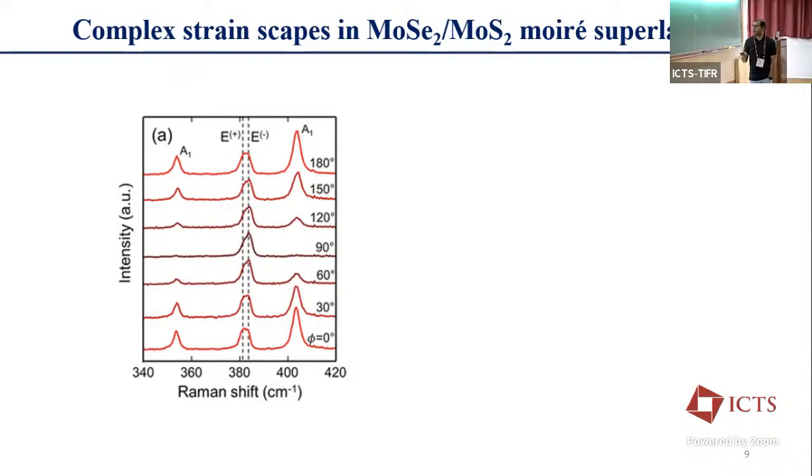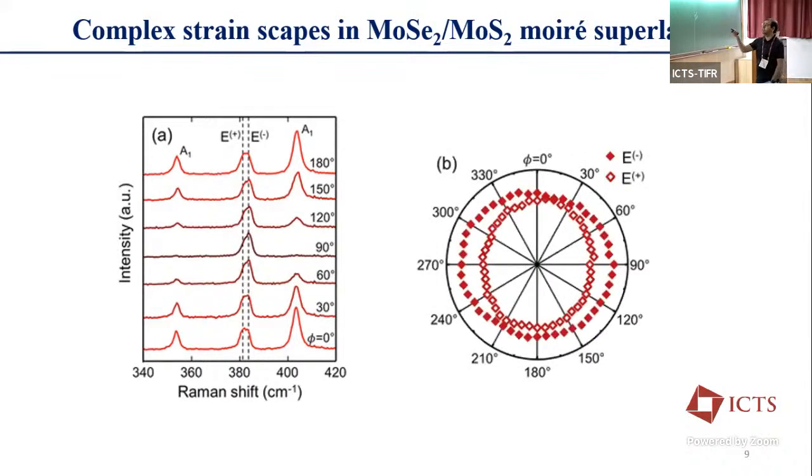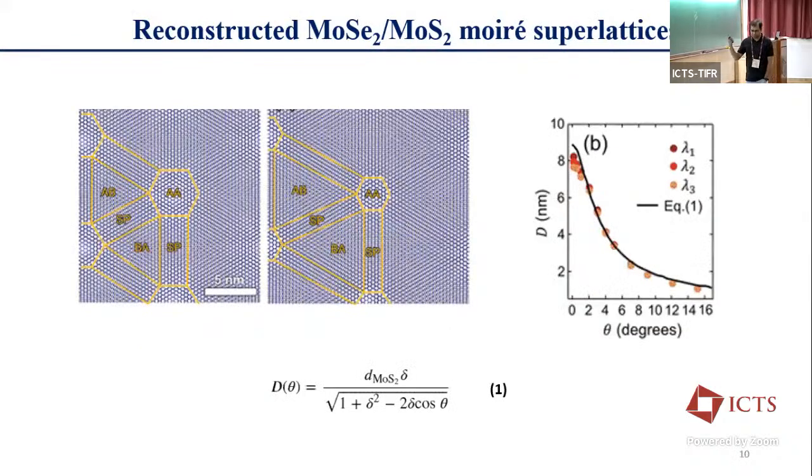But on the other mode, we can see this very clearly. This is the angular dependence. This led us to think of the presence of a complex strain in the system, and then we tried to theoretically simulate what kind of strain is present there.